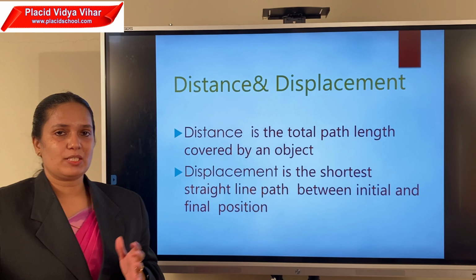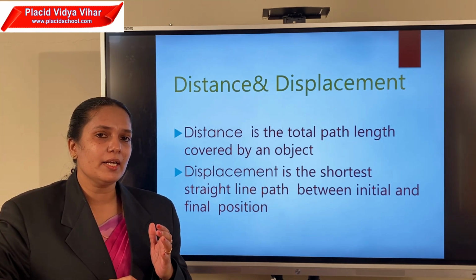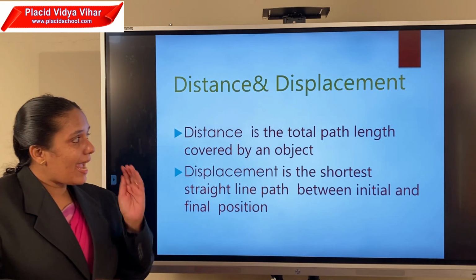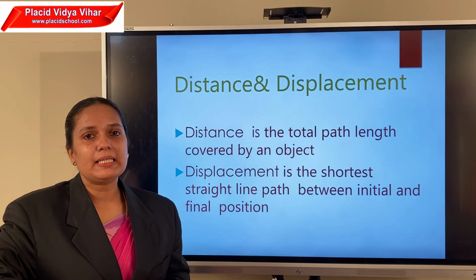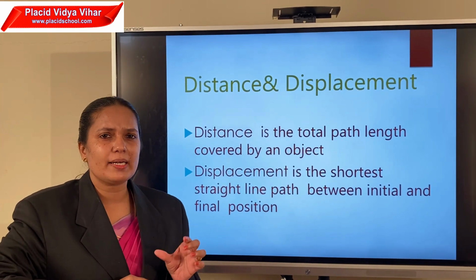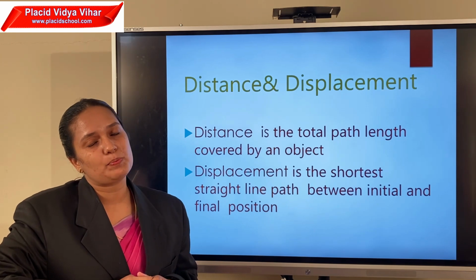So you know what is distance. Distance is the total path length covered by an object, or the actual path length covered by an object. But displacement is the shortest straight line path between initial and final position.